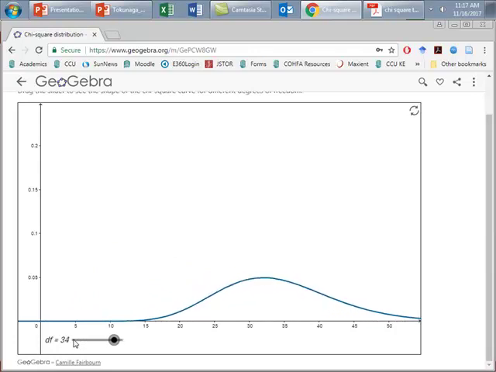Keeps moving and moving and moving. Now what's happening is it's just moving off the screen, because the scale at the bottom is not changing. So all of the space for the tail is just going out further and further.